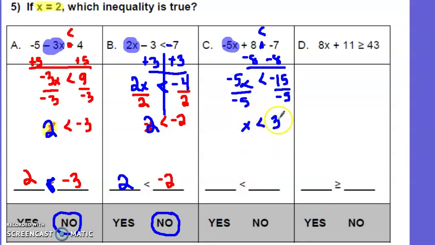So once again, less than 3, it's eating the 3. Right here, it's eating the 3. Our x is 2. And so we ask ourselves, is 2 less than 3? The answer to that question is yes, it is less than. So what I would like for you to do now is to pause the video and answer choice D.